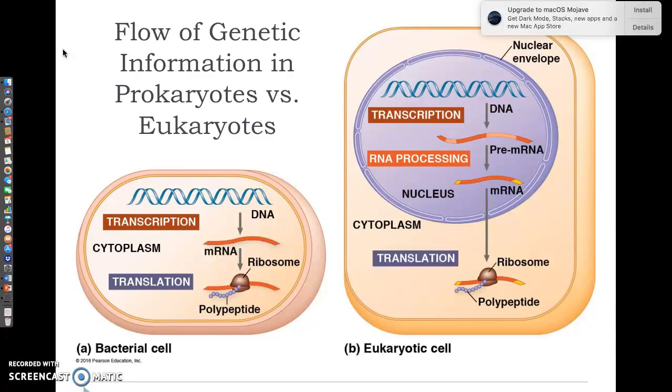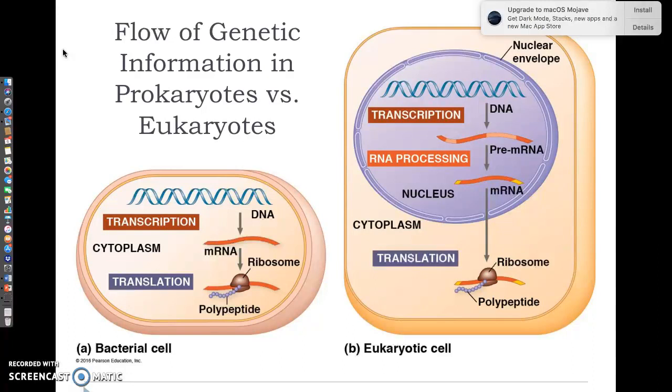Now in a eukaryotic cell, like a cell like ours, it's a little bit different because there's a nucleus. And that's where the genetic information is, and that's where the DNA is trapped. So the process of transcription, where again the DNA is read and RNA is made, occurs within the nucleus.